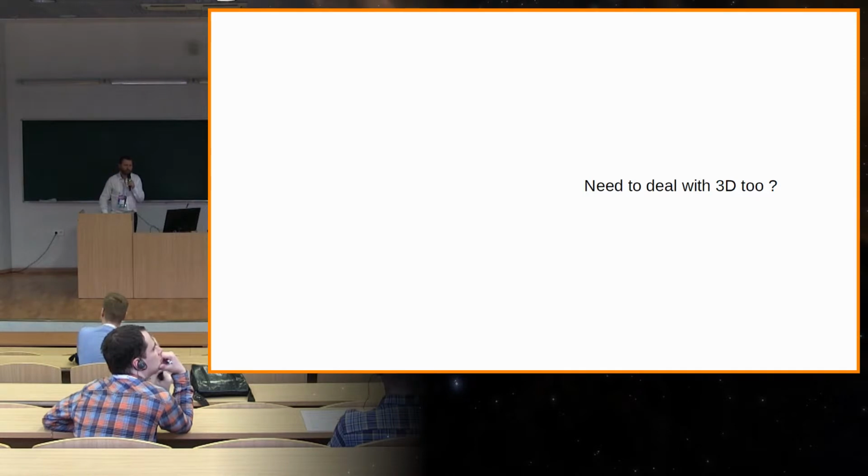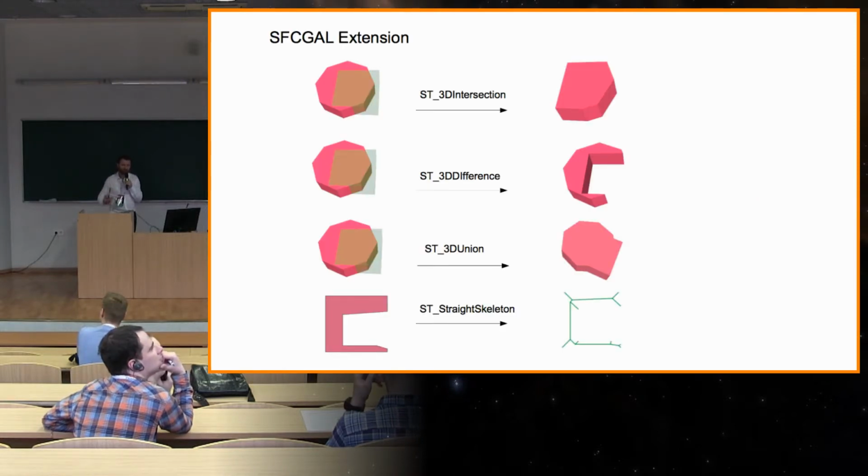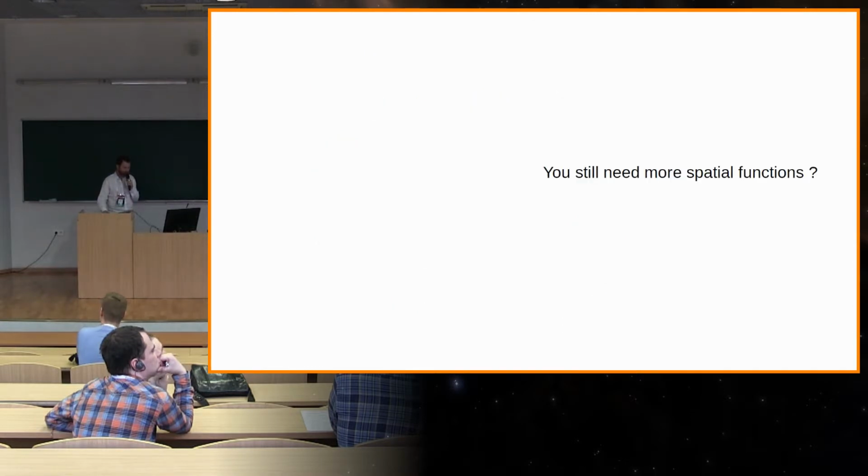If we want to play with 3D and not only with 2D, in PostGIS there are also some primitives like intersection, differences, and so on. And these functions, tied with the SFCGAL extension in PostGIS, are able to deal with some basic topology operations, but in 3D and not only in 2D.